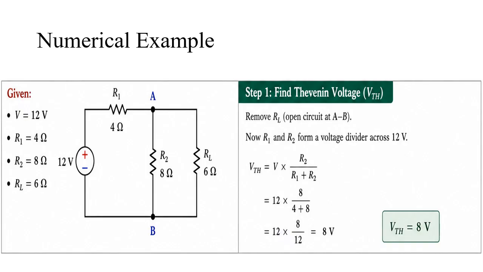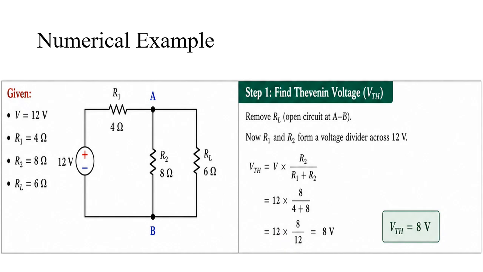For finding out Thevenin's voltage, the first step is to remove the load resistance. That is, we have to open circuit at AB. Across the terminal AB, we have to remove the load resistance. After removing the load resistance, now R1 and R2 form a voltage divider across the 12 volts.